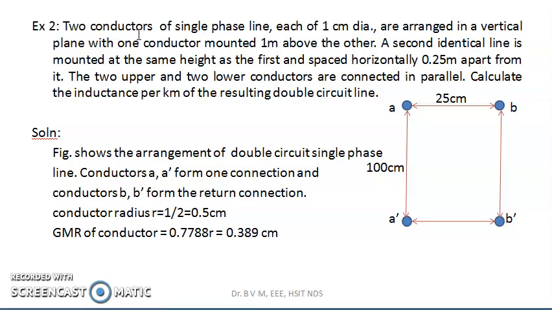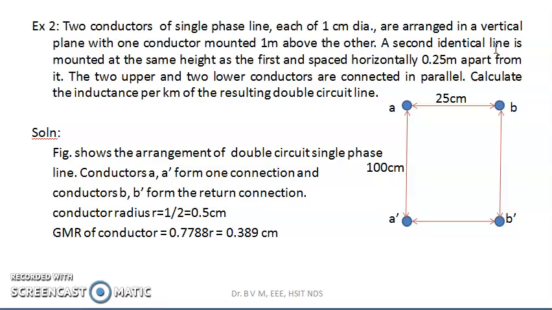The statement of the problem is two conductors of single phase line, each of 1 centimeter diameter, are arranged in a vertical plane with one conductor mounted 1 meter above the other.